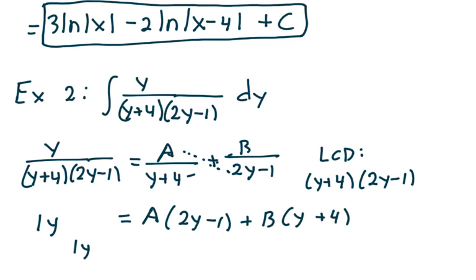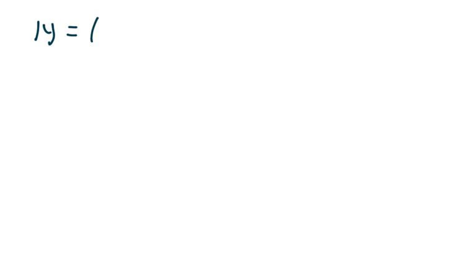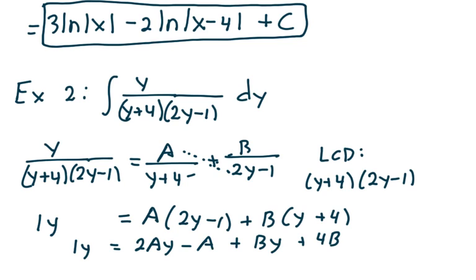So 1y is 2Ay - A + By + 4B. Now what we want to do is combine the terms that contain the y, and the constant terms are going to be combined. So 1y is (2A + B) times y, and then I'm going to take -A and then add 4B.